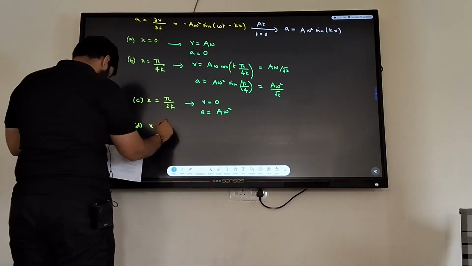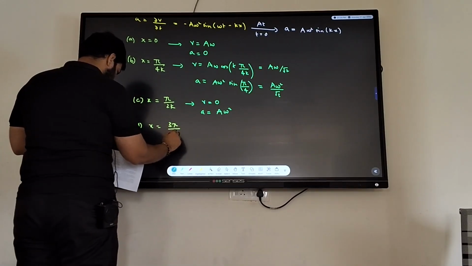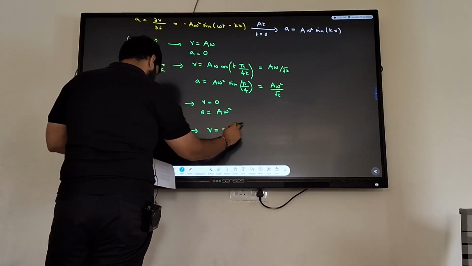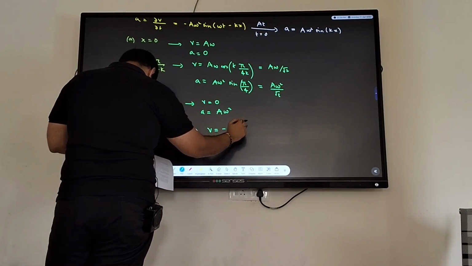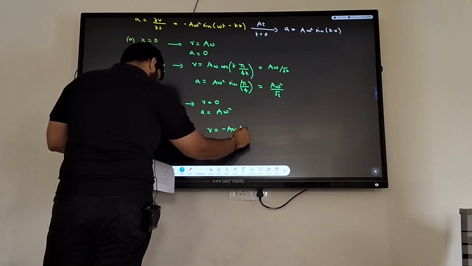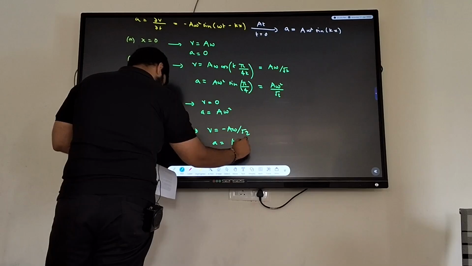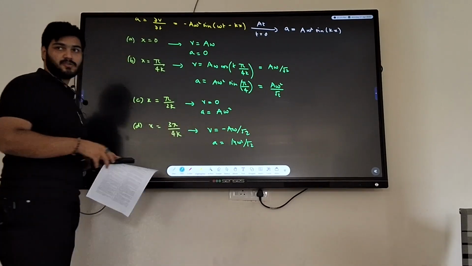At x equal to 3 pi by 4k, you are getting v is equal to minus a omega by root 2, and a is equal to minus a omega square by root 2. ठीक है? So it will slow down since the signs are opposite.